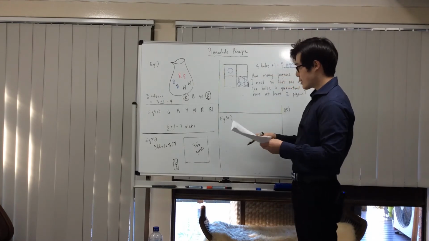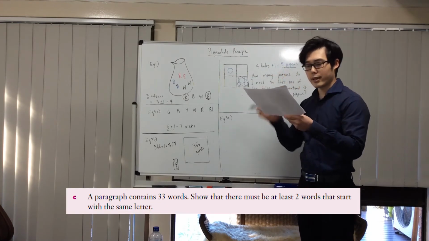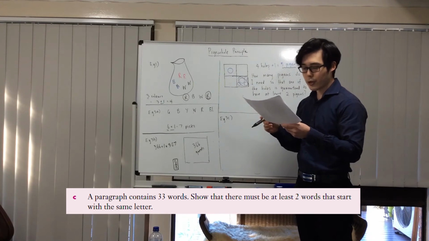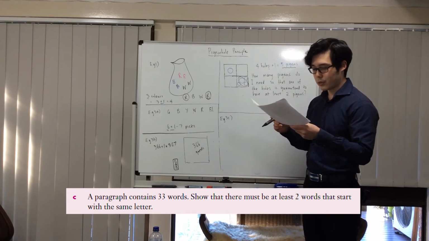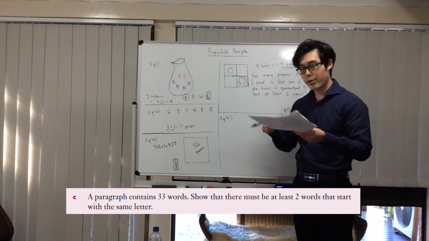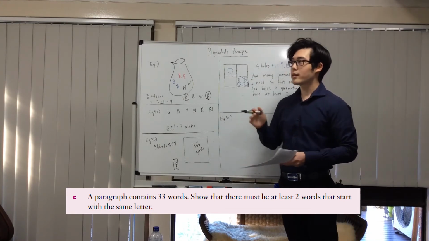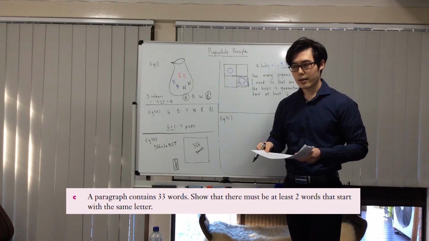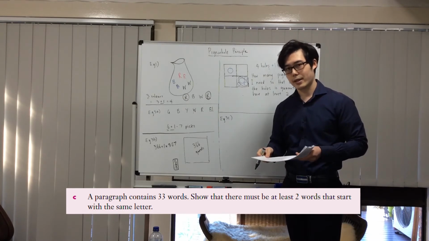All right, let's have a look at example 3C. A paragraph contains 33 words. Show that there must be at least 2 words that start with the same letter. All right, there are 33 words in a paragraph. With this one, the way to start off is, there are 26 letters in the alphabet.